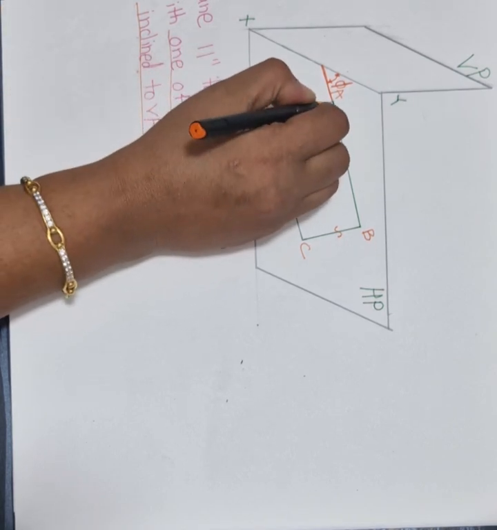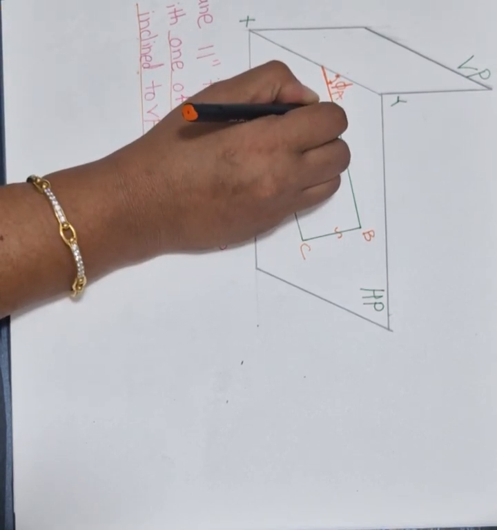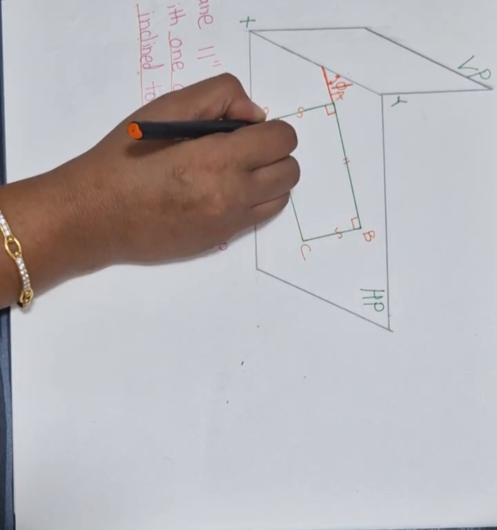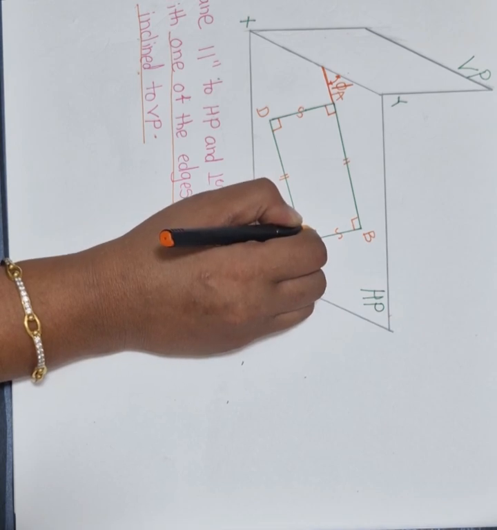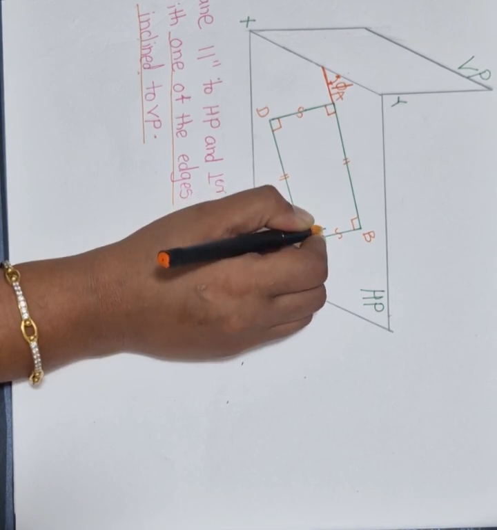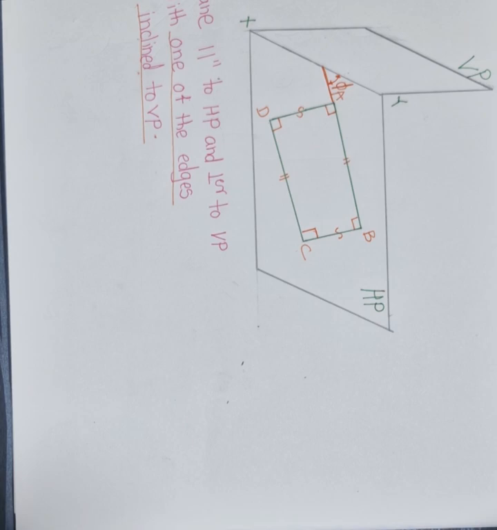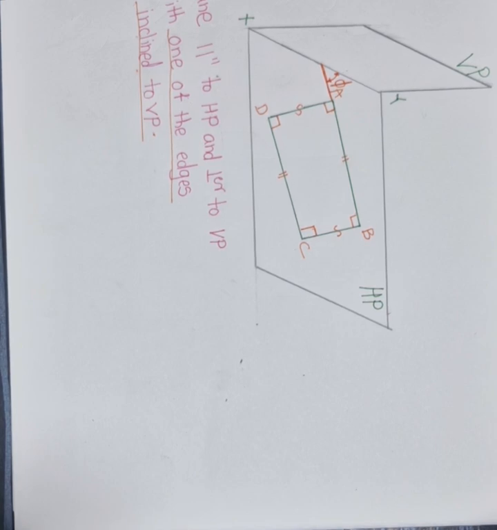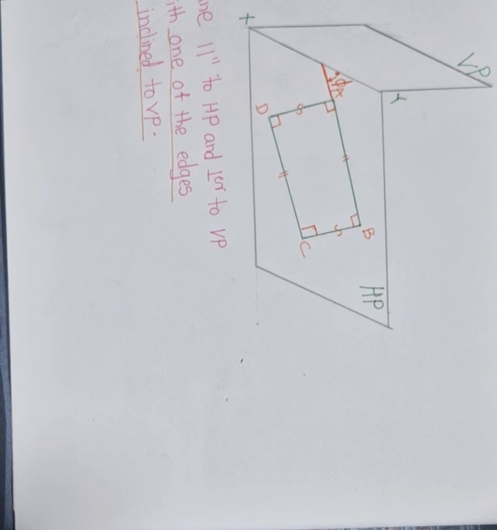Now, the inside angles of the plane, that is the angles at the corners where two edges intersect, are 90 degree. That means all edges are perpendicular to each other. So the edge is making an angle with VP, but the inside angle, the angle between edges of the plane at the corner, is not going to change in the drawing.